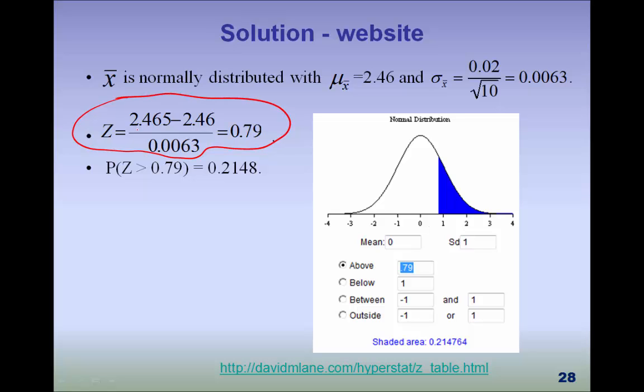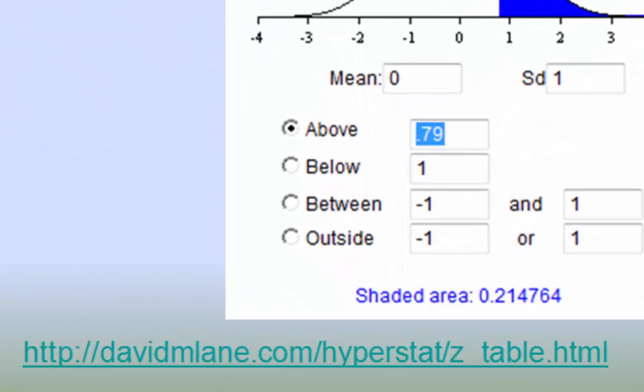The value we're interested in, 2.465 minus the mean divided by the standard deviation, is equal to 0.79. So then we can use the normal distribution to calculate the probability, which is the same as the area under the curve to the right of 0.79 because we want scores greater than 0.79.